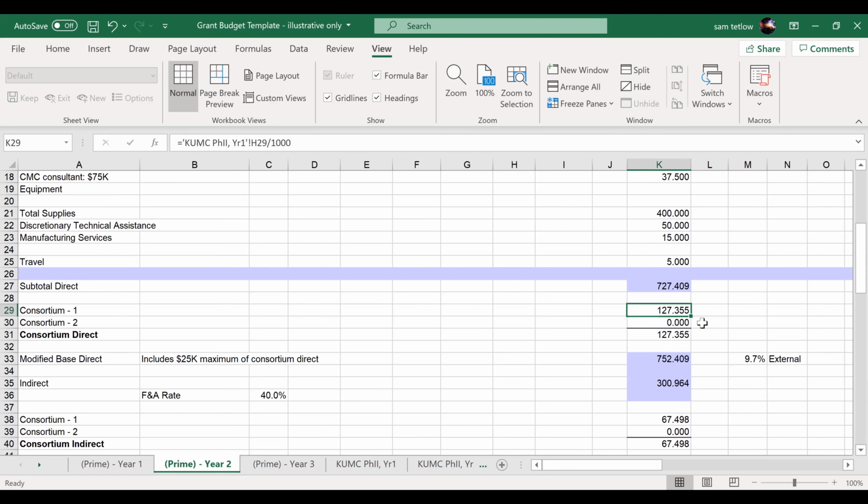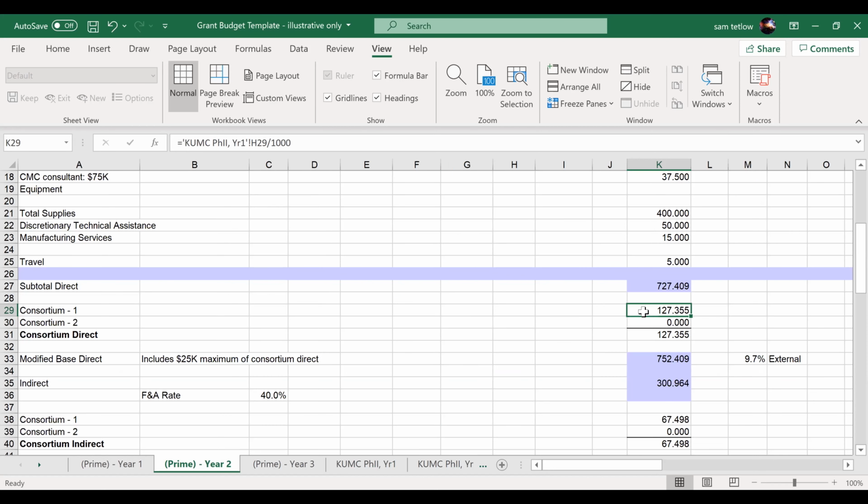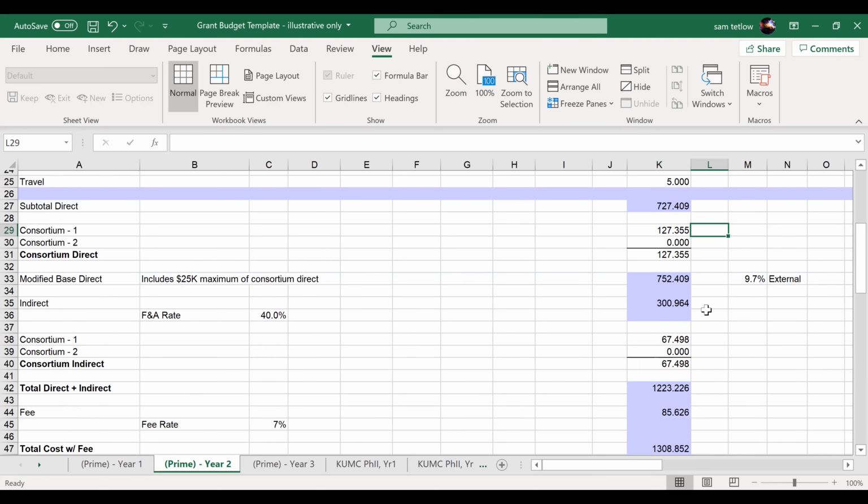You see 127,355. That maps to the subtotal that you see there on the direct budget for KUMC for the same time frame. Year 2 of the total project is phase 2, year 1. That 127,355 shows up there as a direct cost for consortium 1.